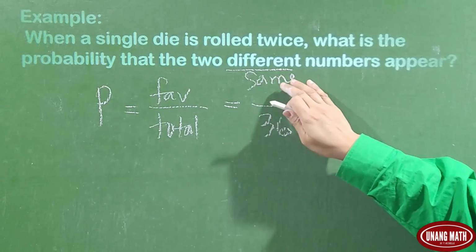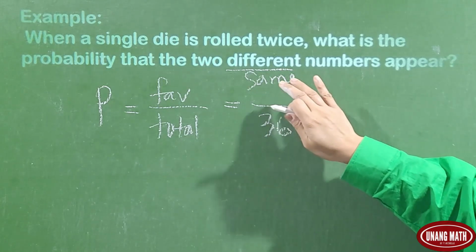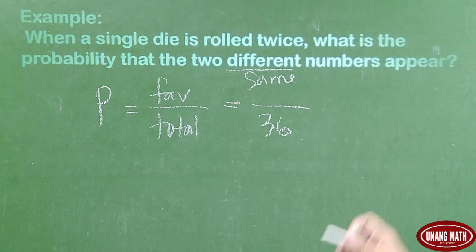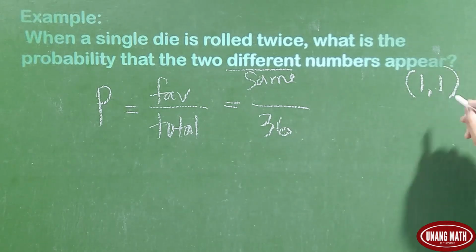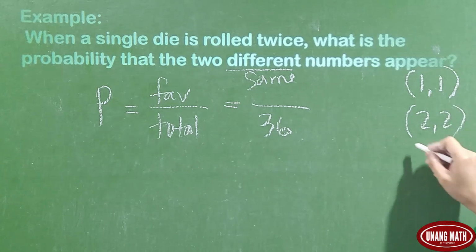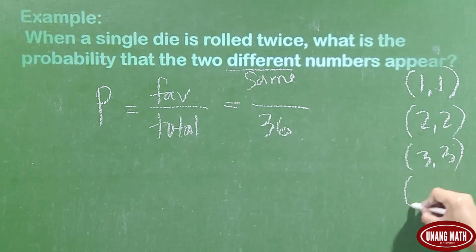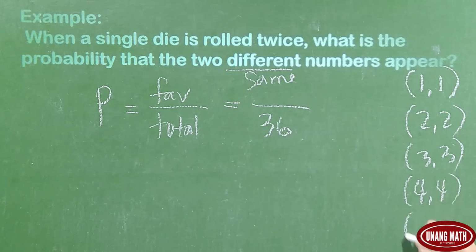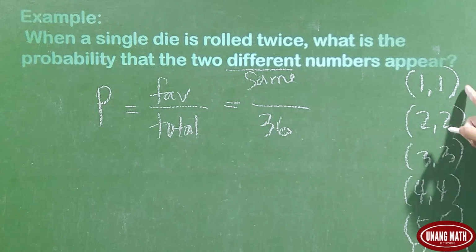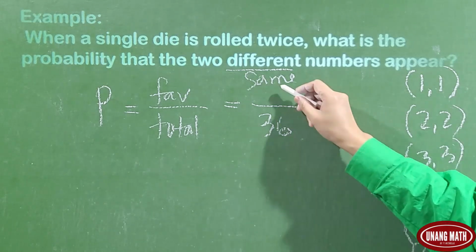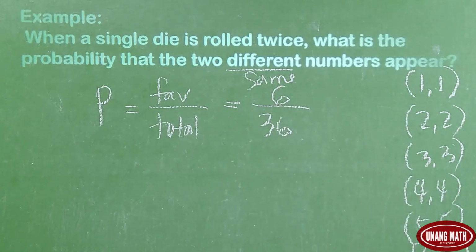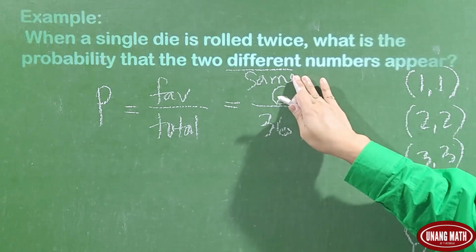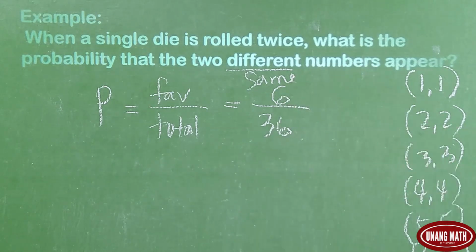It will be easier because we only have 1, 1; 2, 2; 3, 3; 4, 4; 5, 5; and 6, 6. So we only have 6 outcomes. It will be easier to list when the two same numbers appear.